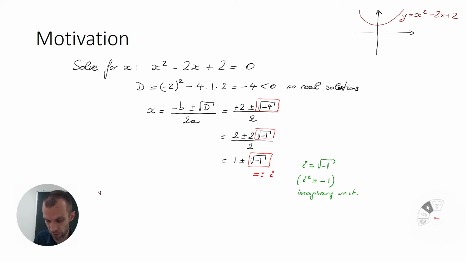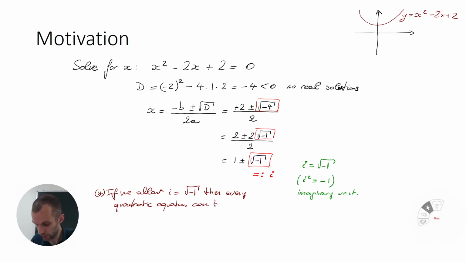Conclusion one is, if we allow i equal to the square root of minus 1, then every quadratic equation can be solved and has two solutions. You can have one solution with multiplicity 2, but I'm going to ignore that for a second.